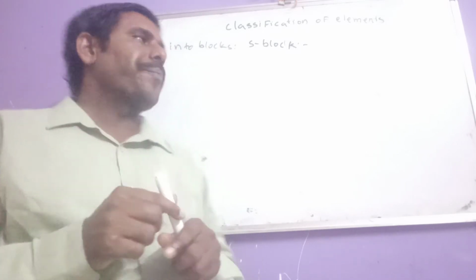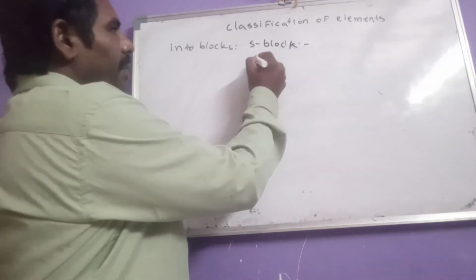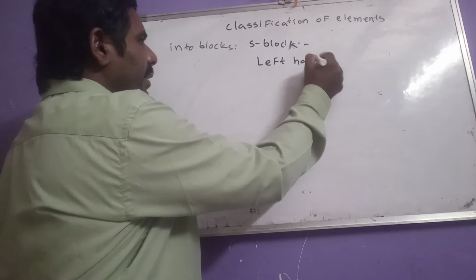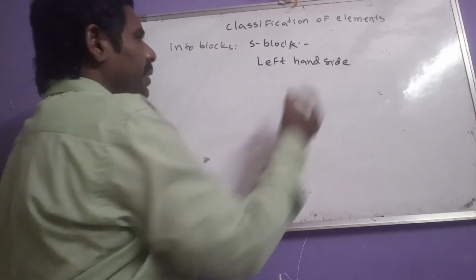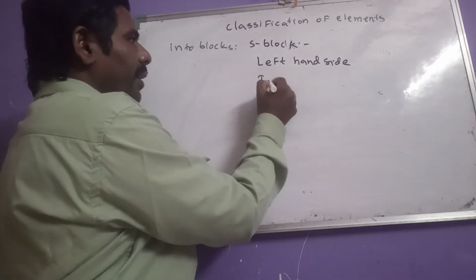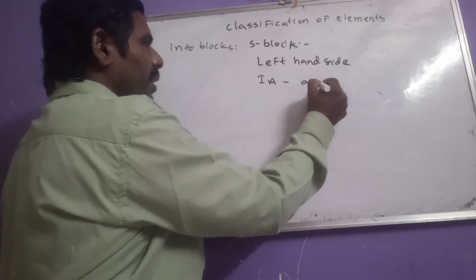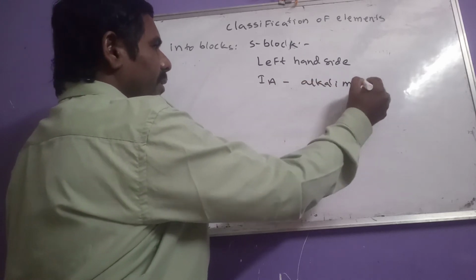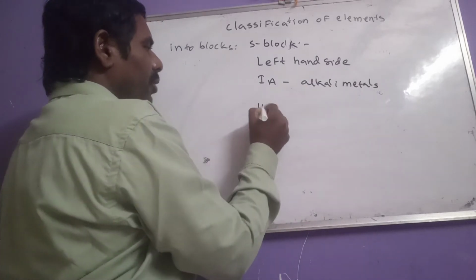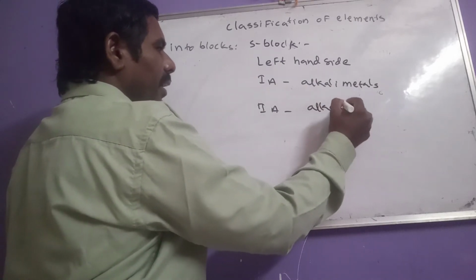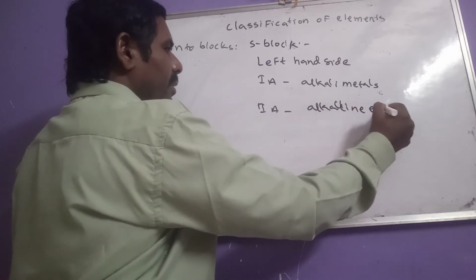S block elements are present on the left hand side of the periodic table, and it contains two groups. One is the 1A group, known as alkali metals, and the 2A group, known as alkaline earth metals.